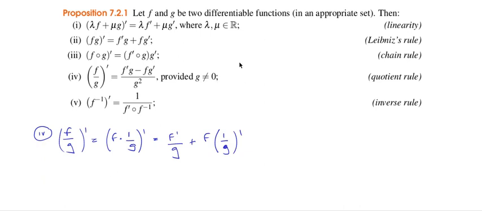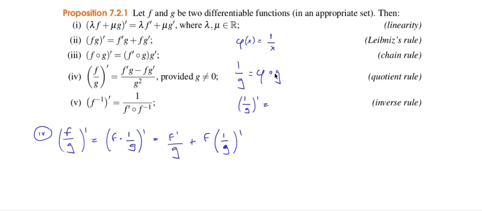Now 1 over g is, if we write this function phi of x is 1 over x, right? Then 1 over g is phi at g, sorry, this is phi composed with g.